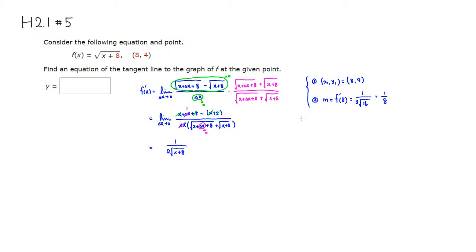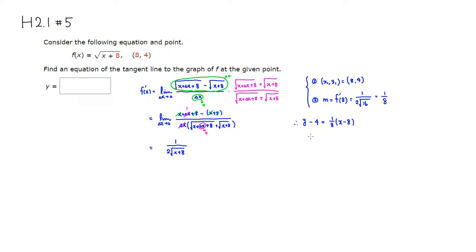By point slope form, we have y minus y1, which is 4, is equal to the slope, 1 over 8, times the quantity x minus x1, which is 8.